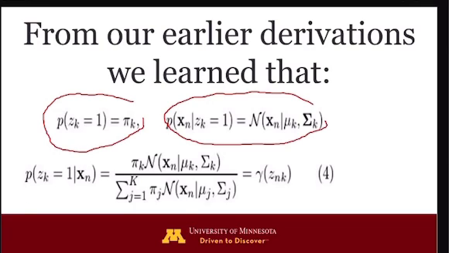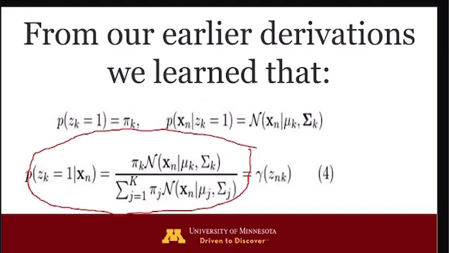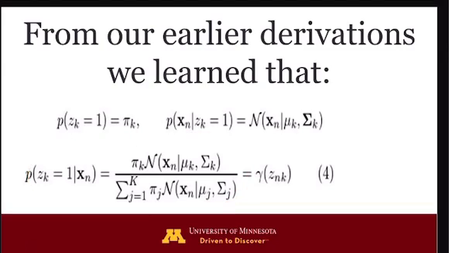Now, you know where we're going. If you take a look at this, this is a posterior. What is the probability of zk equal to 1 given xn? Look at the likelihood. xn given z is the likelihood.